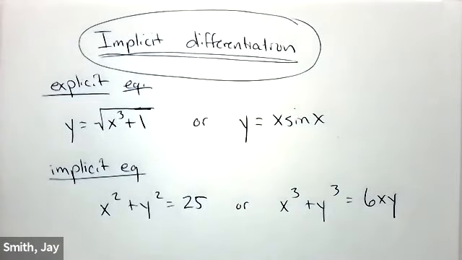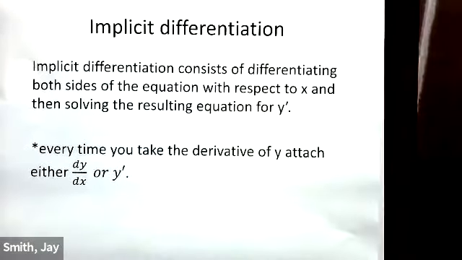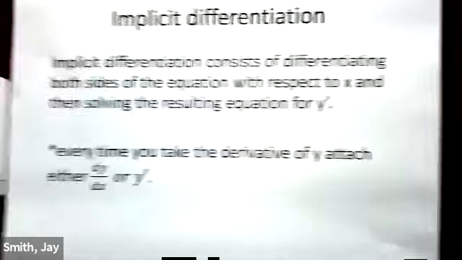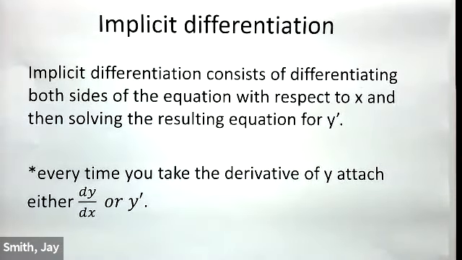So first, let's define what implicit differentiation is. It's technically building on the chain rule. By definition, implicit differentiation consists of differentiating both sides of the equation with respect to x, and then solving the resulting equation for y prime.